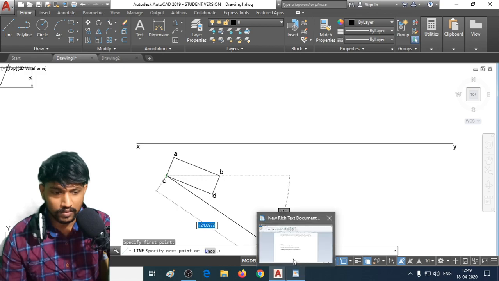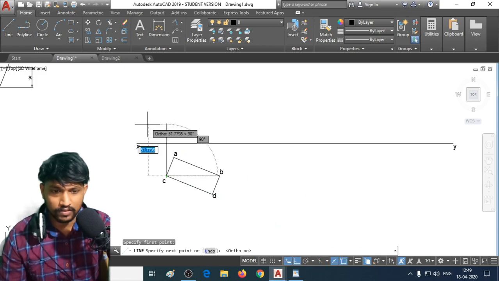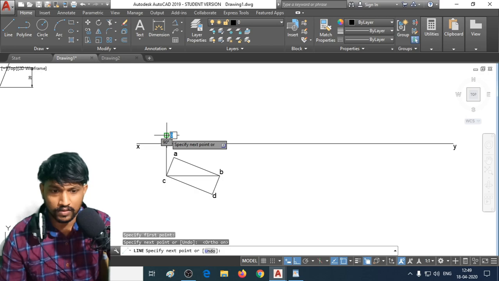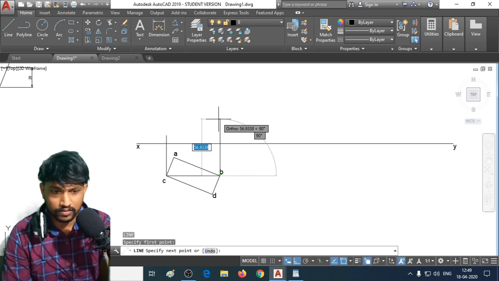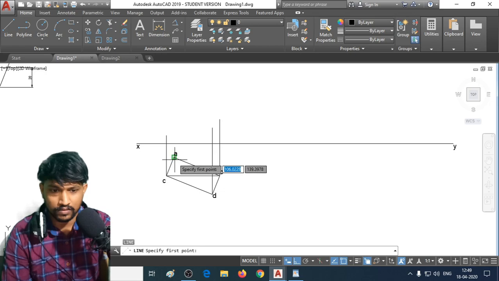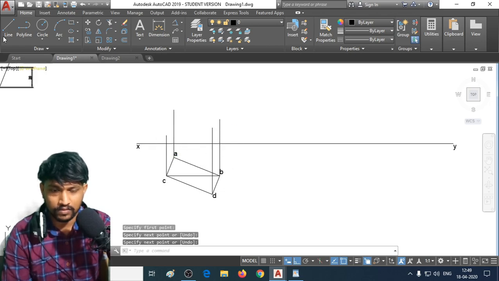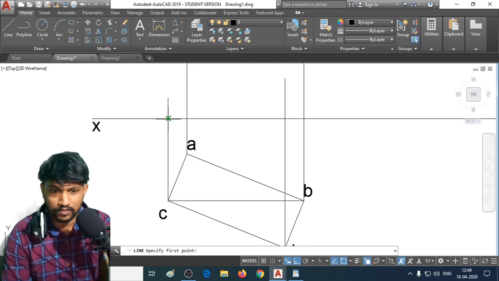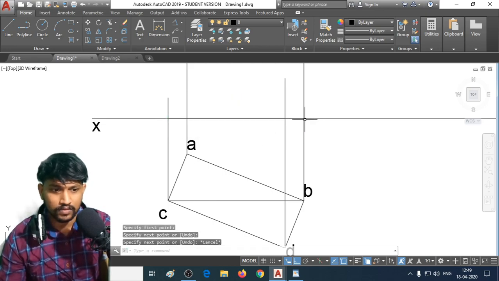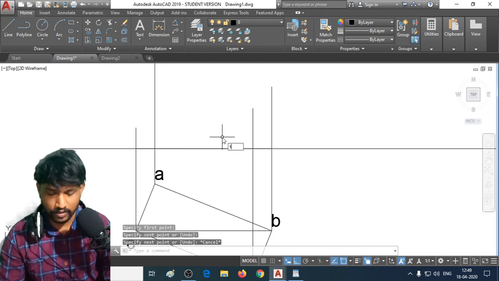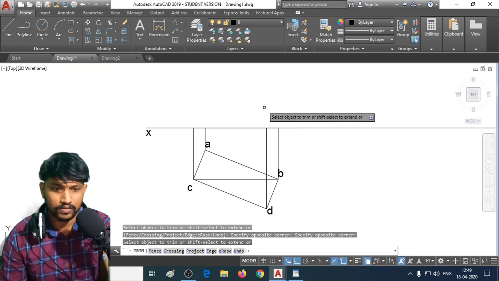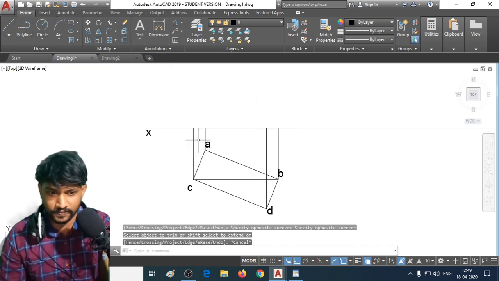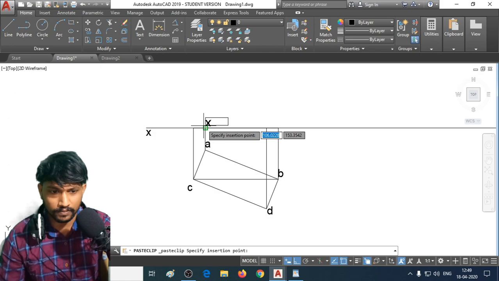Okay, remember that. I don't want this thing to snap to anything else. This is the line dimension that we actually require. So let me trim these extended portions here.